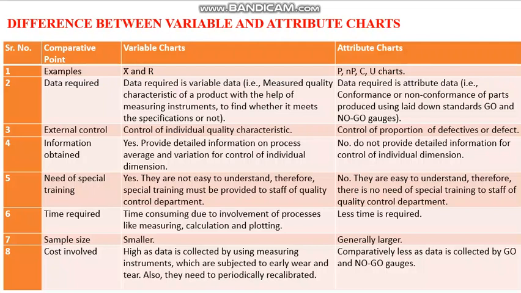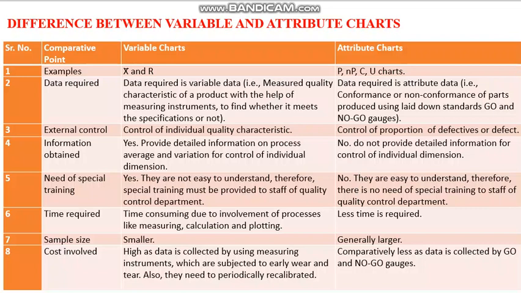Then if you talk about cost, variable charts have high cost, because data is collected using measuring instruments which are subjected to early wear and tear. They also need to be periodically recalibrated.